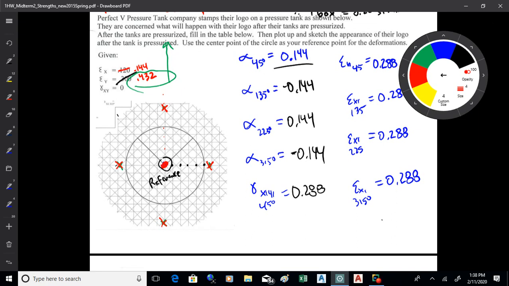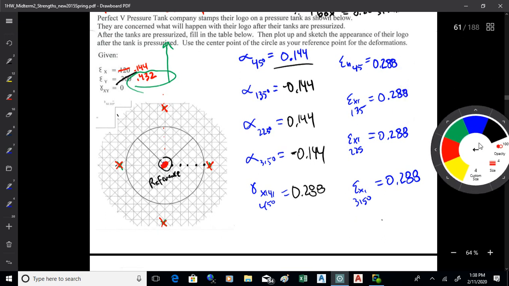Okay, and notice how I kind of created that grid paper. You've got boxes going at 45s also. So take the one at 45 degrees. Look at that normal strain. Let's start with that. And then run that out to its position. So look at the normal strain at 45 degrees.